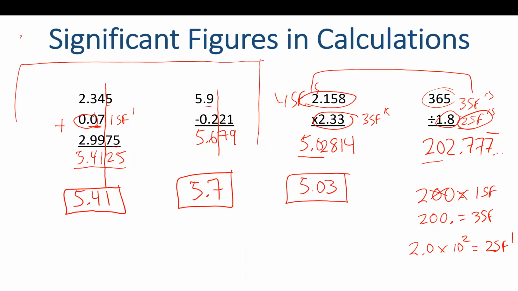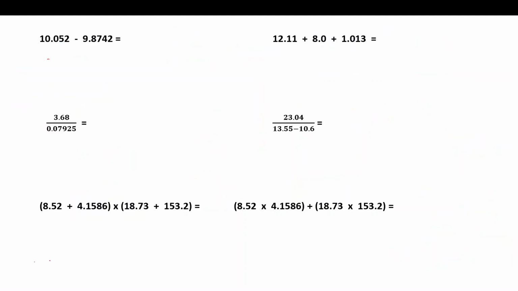And that would be my final answer. Why? This trailing zero would count because of the decimal. So I have 2 sig figs there, and it's 200. I wouldn't round it up and say 210, right? Because 202 is closer to 200 than it is to 210.